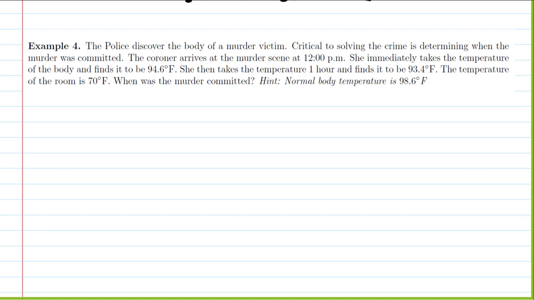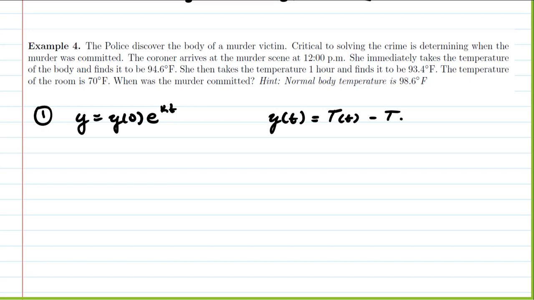All right, so we start with our model, which is y equals y of 0 e to the kt. We know that y of t was equal to, and I'm going to write it as a function of t to make it clear, T of t minus T sub s.